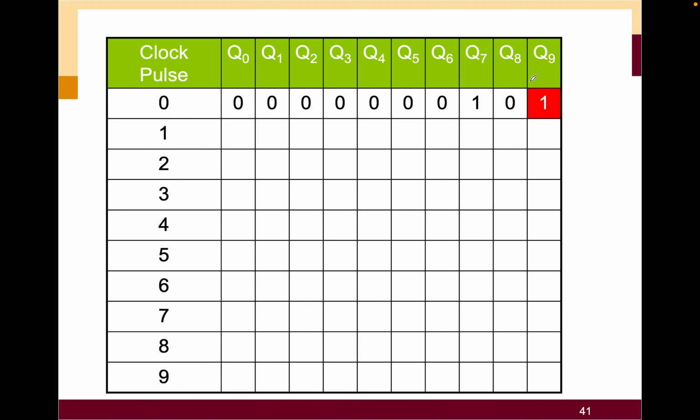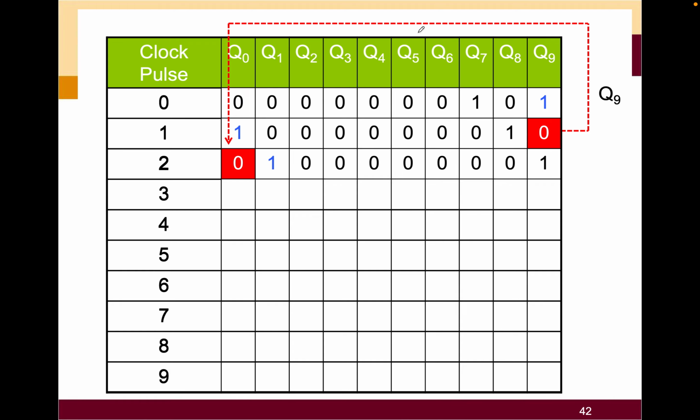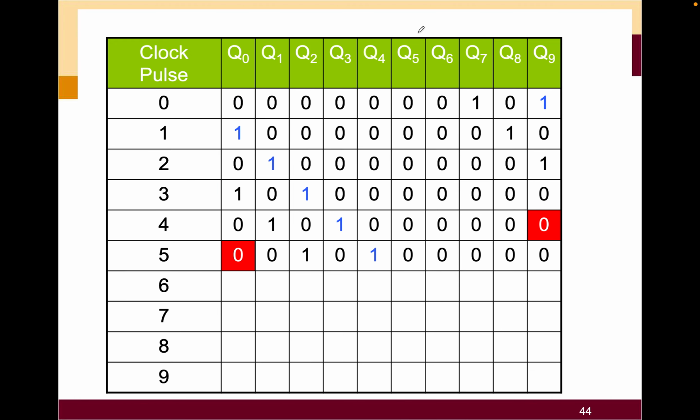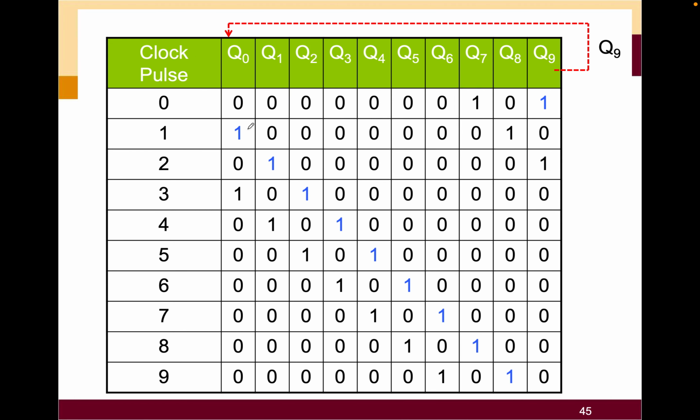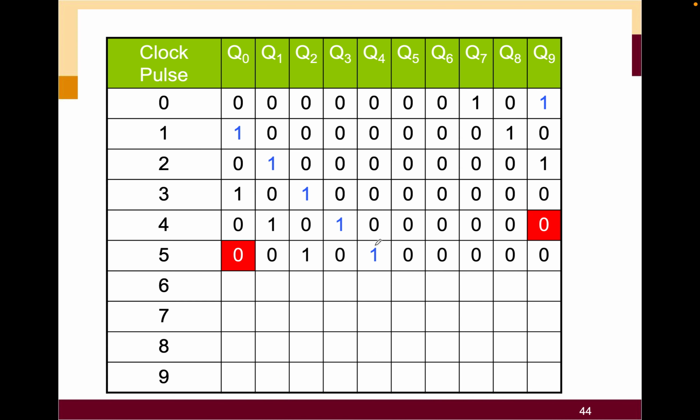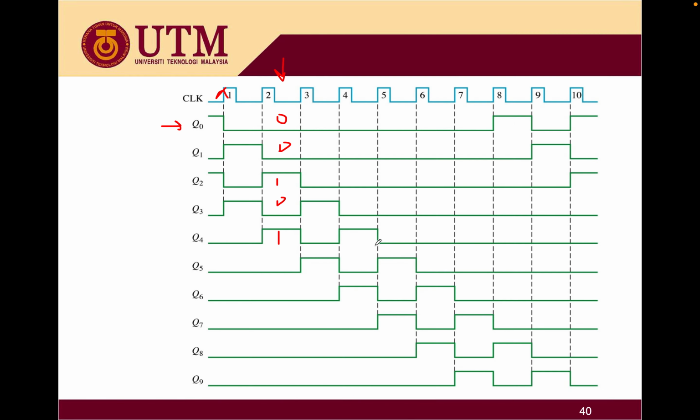But you can see it's moving and cycling back, ring, cycle back, ring, cycle back, ring. So you get this sequence of your timing diagram. This is your Q0. This will be your Q1, Q2 until Q9 there. And then you can refer, it is similar to this diagram.